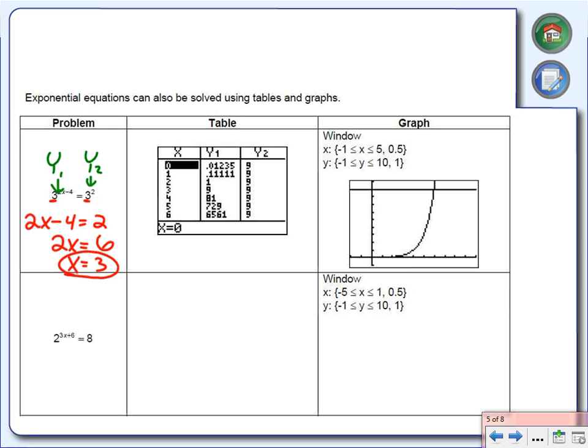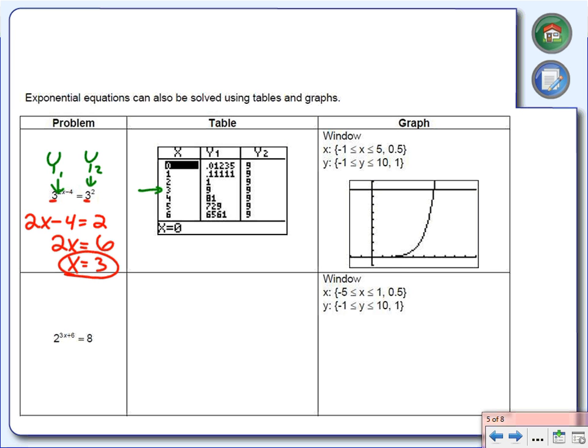All right, once you got them both in there, we can find the answers in 2 different places. I want you to look at your table first. Everybody go to your table, second graph. The table you see on your calculator is the same thing that I have up here on the board. We already know that the answer is 3. X equals 3. What 2 numbers do you see sitting next to that 3?